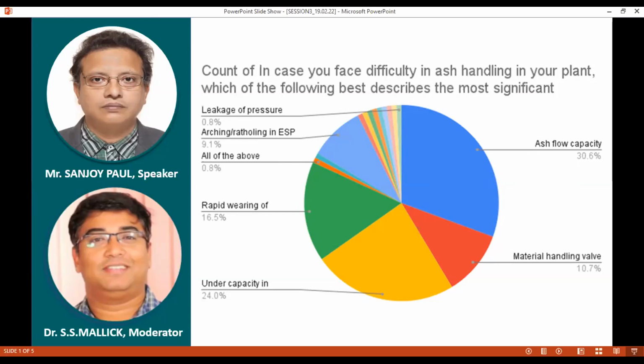But at the same time, if you put the step up, then it is to be checked that line blockage does not happen, because if velocity reduces drastically and falls below the velocity required to flow the ash, as per the ash particle density and other characteristics of the ash, then it may settle down and block the pipe. So optimization is to be done, and this is to be carried out in a very judicious and strategic manner.